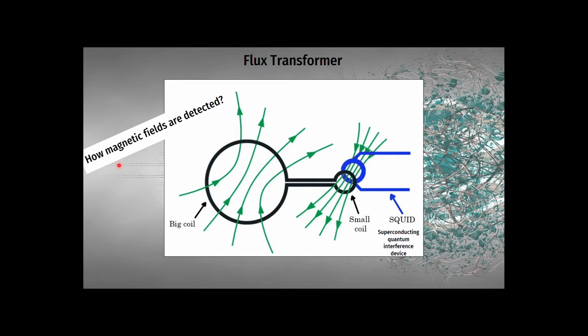Now to detect this dense magnetic field, a transducer called a superconducting quantum interference device, or SQUID, is used. These SQUIDs operate at very low temperatures in order to ensure high conductivity.